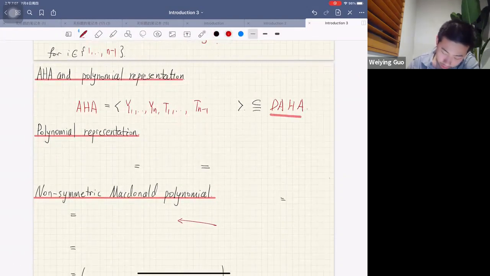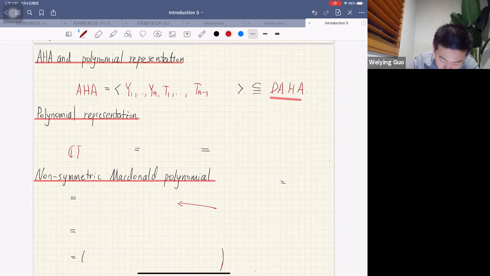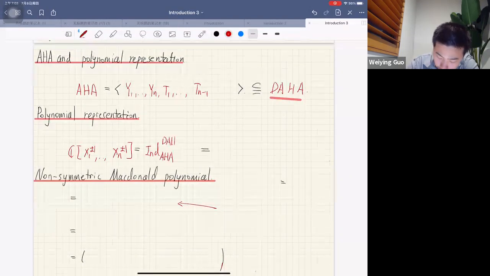The polynomial representation is an interesting representation to look at for DAHA. It's the Laurent polynomials C[x1 plus minus 1, ..., xn plus minus 1]. It is induced from the AHA to the double affine Hecke algebra with the trivial representation of the affine Hecke algebra.